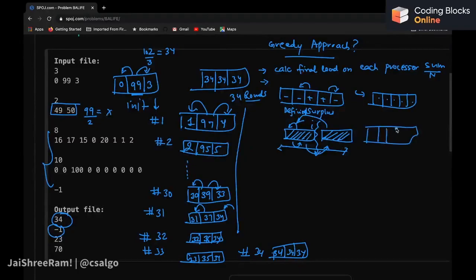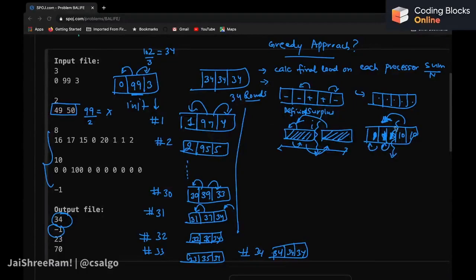Suppose this part has 10 jobs and this has 0 jobs. If I think about this boundary, there would be an overall transfer from this part of the array to this part of the array. So 10 will give one job to this, one job here, one job here, and so on. There would be some internal transfers as well.